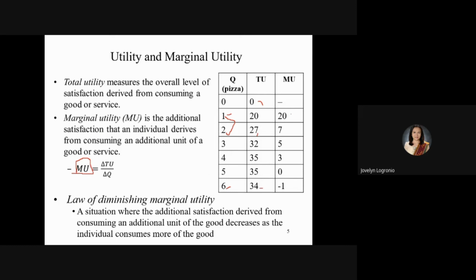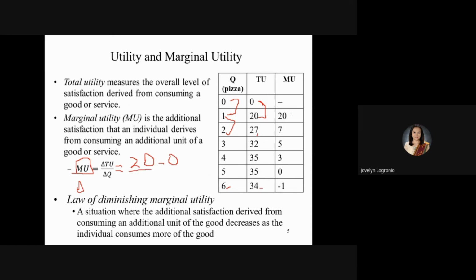So, itong delta here, yan, delta yan, symbol. That's the symbol for change. Parang triangle, so the symbol for change. And since we are talking about change, this formula is further equal to, so when you say change class, yung final value minus initial value. So, from 0 to 1, the final value is 20 minus the initial value na 0.